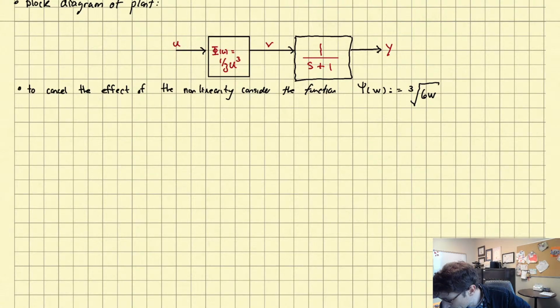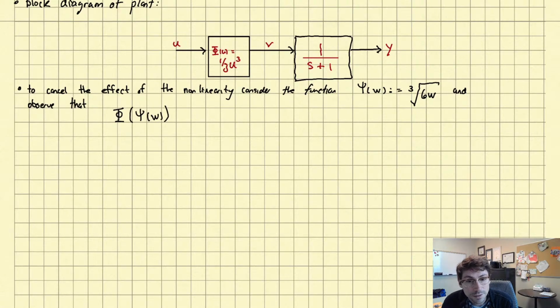Okay? And observe that when I compose these two functions, if I take the signal w, run it through the psi, then through phi, the static nonlinearity, I get w back.